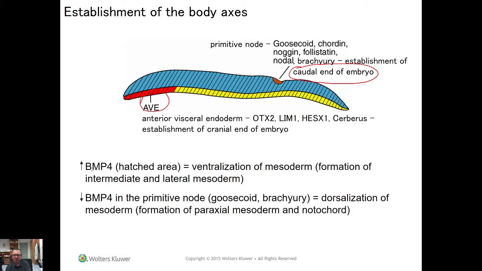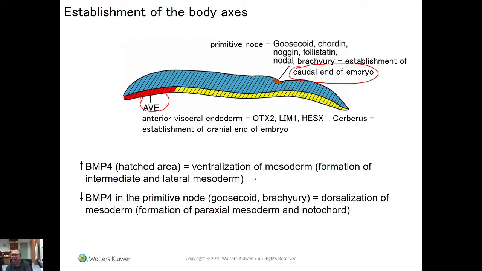Everything is modified by the gradient of BMP, which you know from the molecular aspects of development is an inhibitory molecule. So the higher the level of BMP4 is, the lower the level of these factors expressed in the primitive node are, and this low level of these factors is important for so-called ventralization of mesoderm.